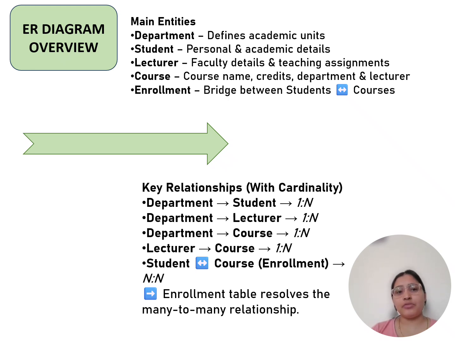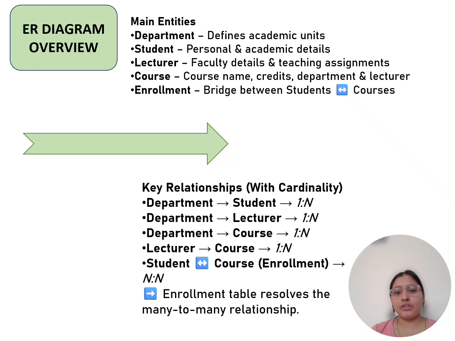The student defines personal and academic details. The lecturer defines faculty details and teaching assignments. The course defines course name, credits, department, and lecturer. And enrollment is the bridge between student and courses.